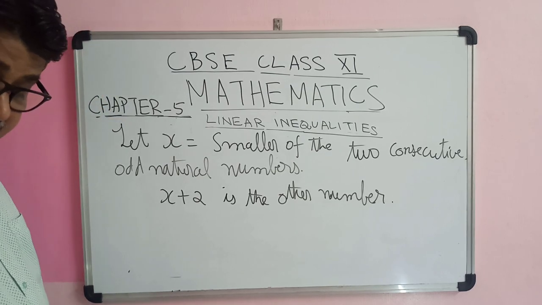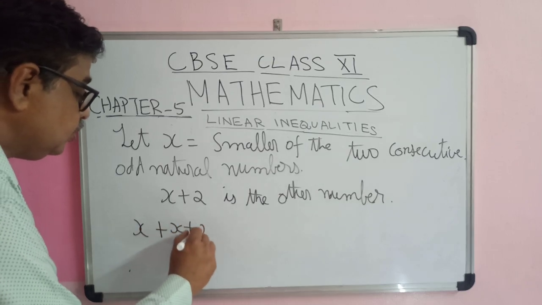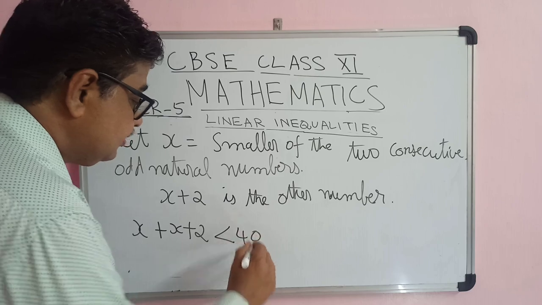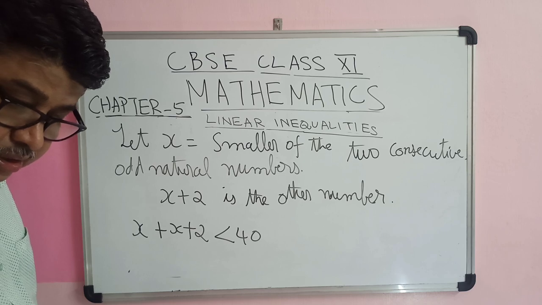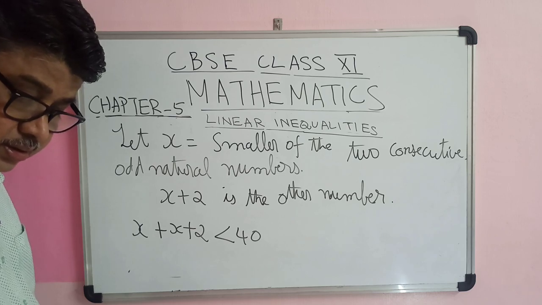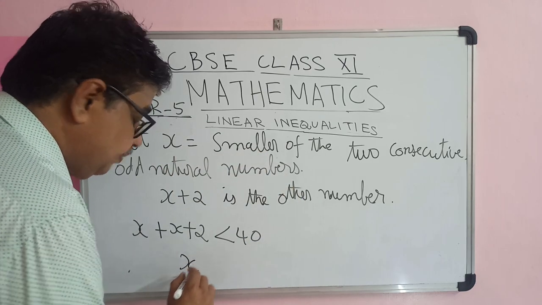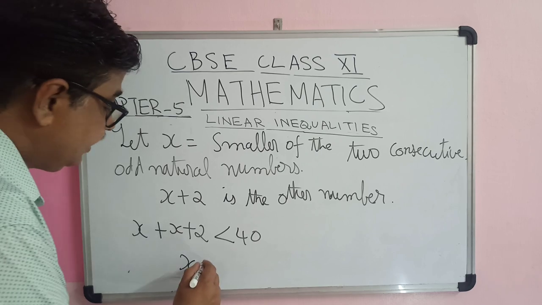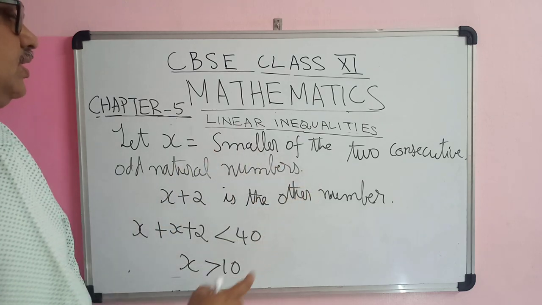So their sum is less than 40. Therefore, x plus (x plus 2) is less than 40. Both of the numbers are larger than 10.